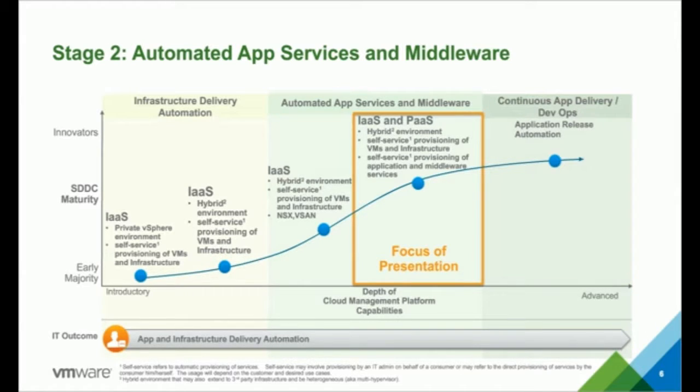And finally, Stage 3 enables DevOps teams to streamline and automate the software delivery process to accelerate application releases. So while an IaaS strategy is critical for delivering infrastructure, it actually only solves a fraction of your business agility problem. In order to gain true agility, it's essential to establish an integrated end-to-end IT service lifecycle management. In this presentation, we're going to focus on Stage 2.